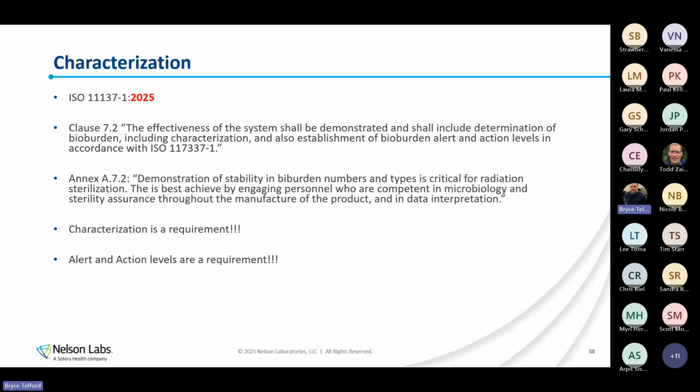You're going to want to build your microbial library and do characterization on an ongoing basis. So you might do more testing up front to understand what microorganisms you have and what you're seeing on a routine basis, and then do routine monitoring to make sure that it's staying stable over time so that my types of microorganisms aren't changing.